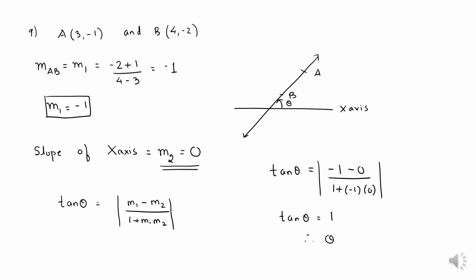Since they have asked for the acute angle, I'll take +1, and theta is 45 degree. What will I get theta? Theta is 45 degree. Understood? Clear everybody? Just remember, the slope of the x-axis is 0. Okay?